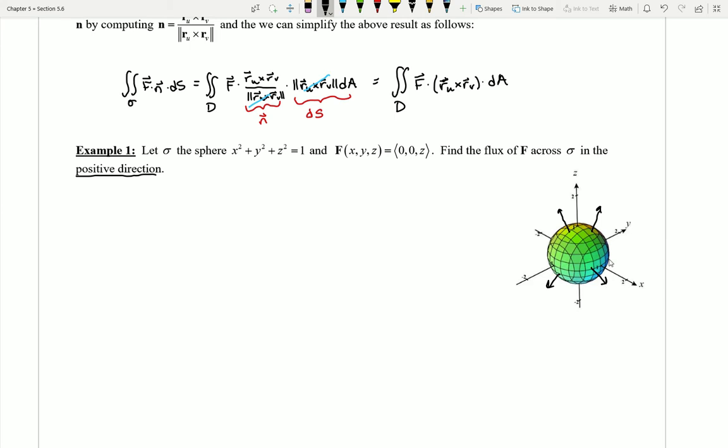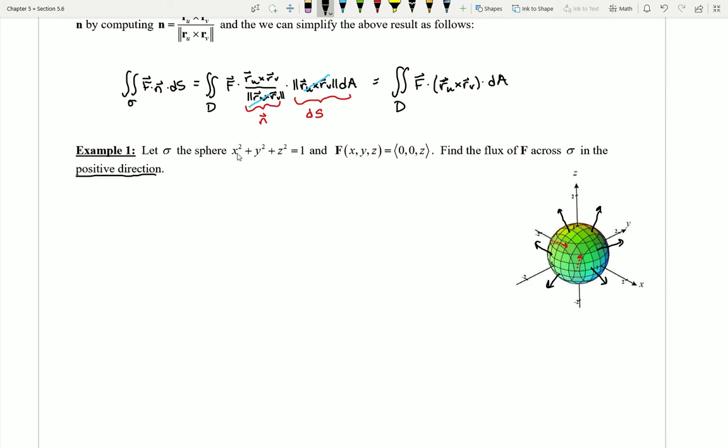So fluid that comes out of this particular surface, from within it, passing through it in this direction, is considered positive flow, and anything that comes back into the surface, so anything that starts here and goes toward the inside, is going to be considered negative flow. Okay, so with that in mind, let's start to do some calculations here.